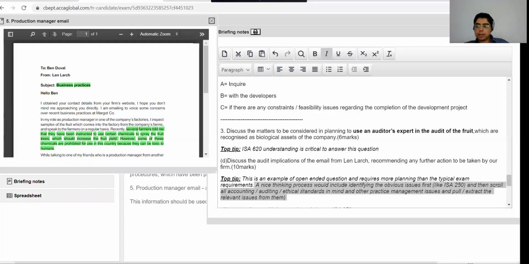And now the important thing is, for these types of questions, these are open-ended questions. So how are you going to think about them? How are you going to plan them? Like I told you, some of the obvious issues I've been able to identify, but then I would be running the other standards in my mind. I've identified ISA 250, I've identified ISA 240, so I could potentially have something from there. But now I would be running all the standards in mind.